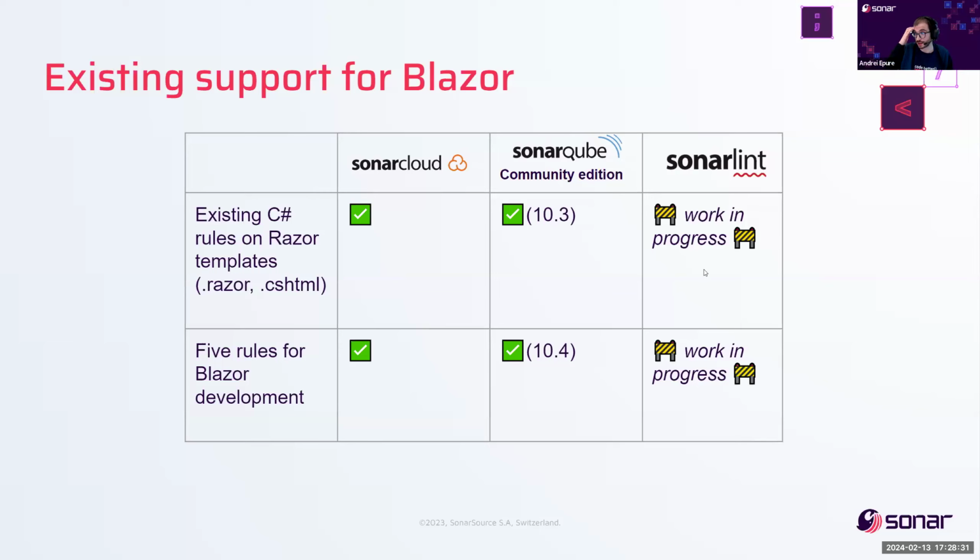And we will be able to support Blazor and Razor analysis in SonarLint only on Visual Studio 17.9 and newer. So Daniel's team helped us with implementing some changes that will get shipped today, right?